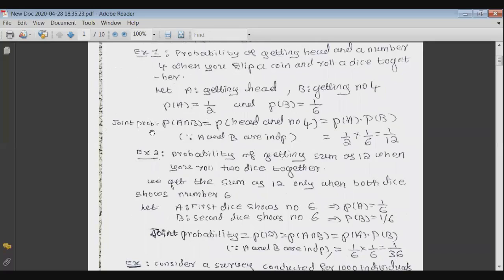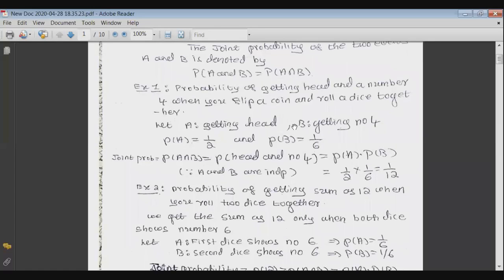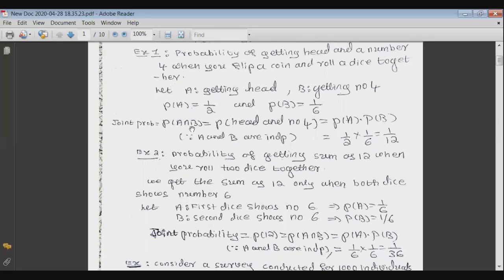Now consider the joint probability, that is nothing but the probability of getting a head and a number 4, that is the probability of A intersection B. We know that the two events of tossing a coin and rolling a die are independent. Therefore the probability of A intersection B equals the probability of A times the probability of B, by the definition of independent events.